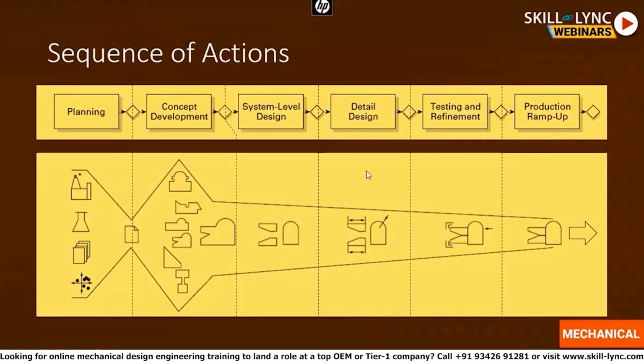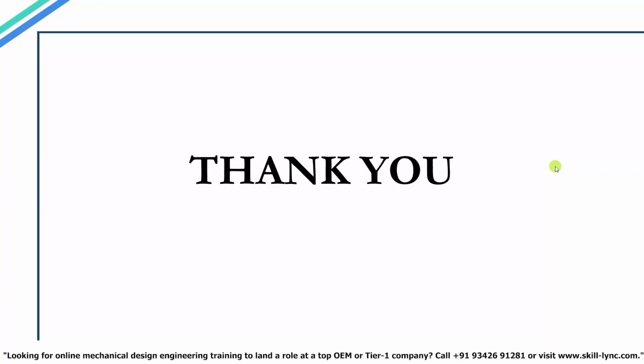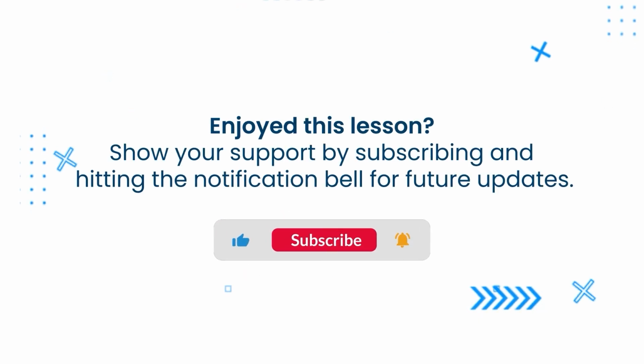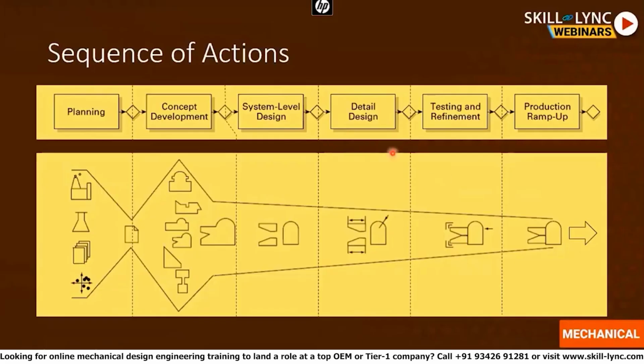It gives you a loop to continue, go back, study, and then come again with the proper requirement. So this is how the 6 steps of product development have been broadly classified.